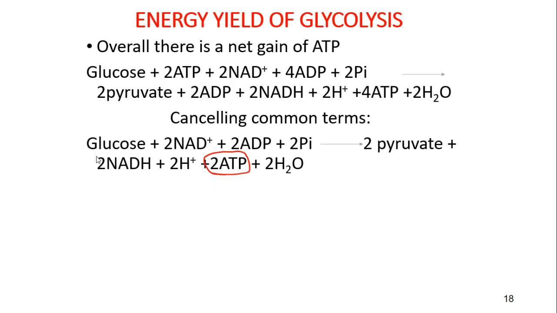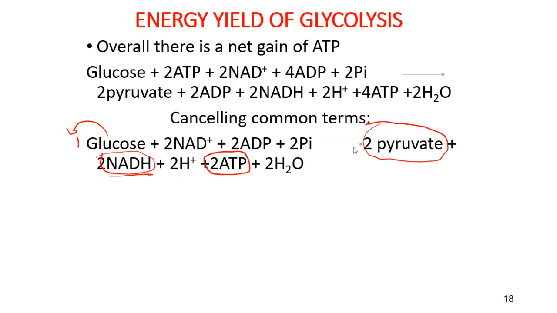There are also 2 NADH being formed. So make sure that you know how many pyruvates are being formed from one glucose molecule. Remember, this is just one glucose molecule. So one glucose molecule will lead to the formation of 2 NADH and also 2 pyruvates and also 2 molecules of ATP.